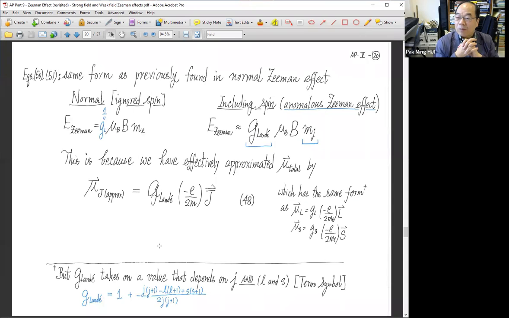So now what happened is the following. Previously, when we first discussed Zeeman effect, with only the orbital angular momentum effect, we saw this splitting due to the quantum number ML. And the G factor is 1 for orbital angular momentum. What we have done here is very similar.